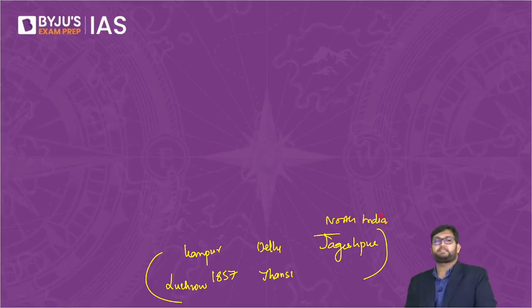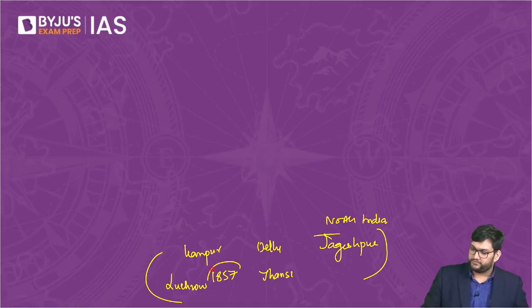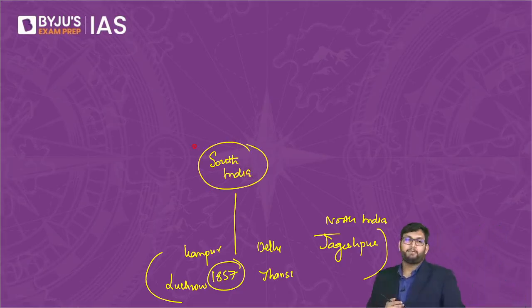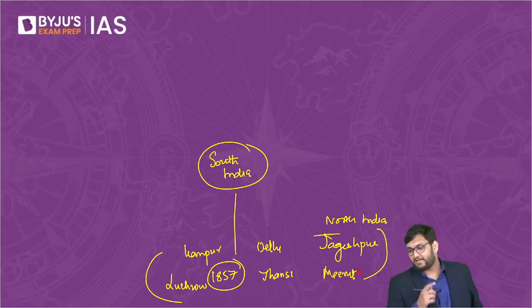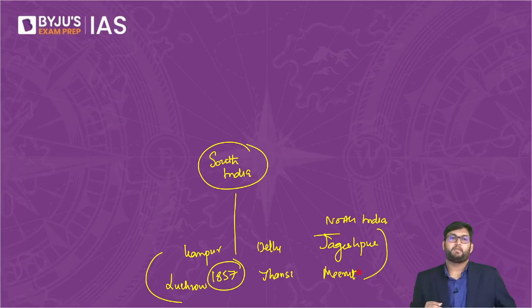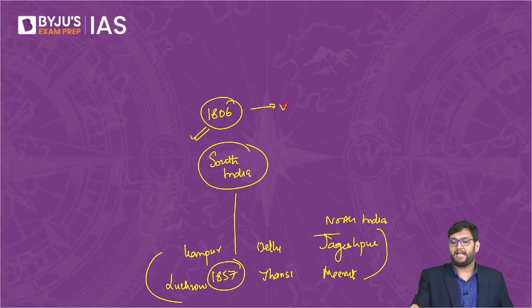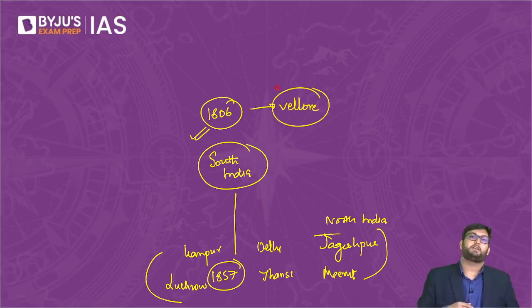And a major criticism which is given is that in the revolt of 1857, South India did not respond. But in order to understand why South India did not give a response, is because 51 years previously, in 1806, they already had gone through the same process in Vellore.